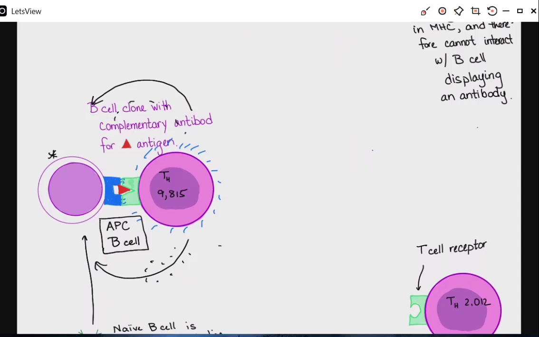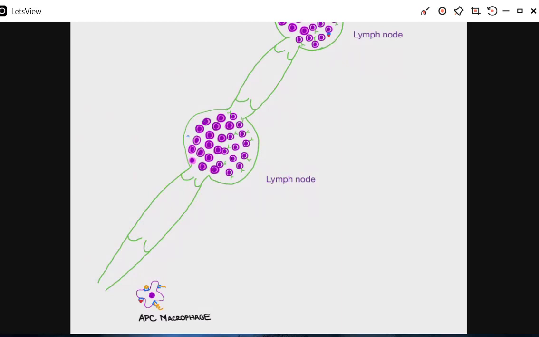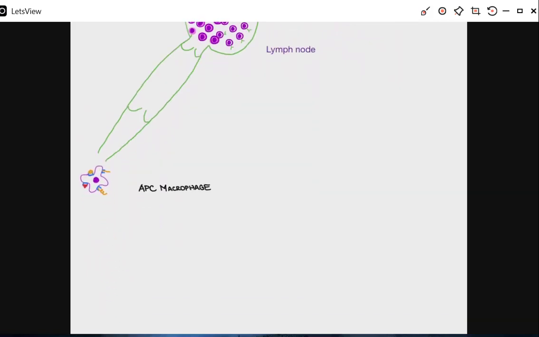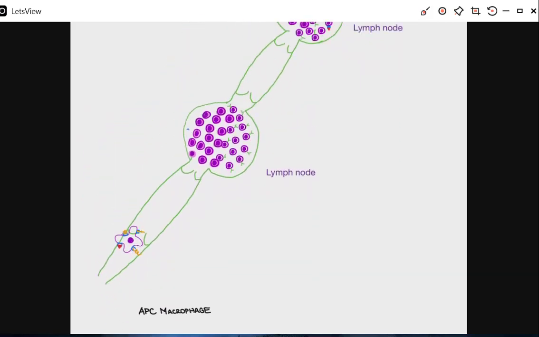Okay, so now we've got several of the players, or the fragments of the story, laid out. We're going to try putting the whole thing together into one cohesive linear story, because we've done this kind of piecemeal. So our story starts with an antigen presenting macrophage that is going to enter the lymphatic system and move up to the lymph nodes.